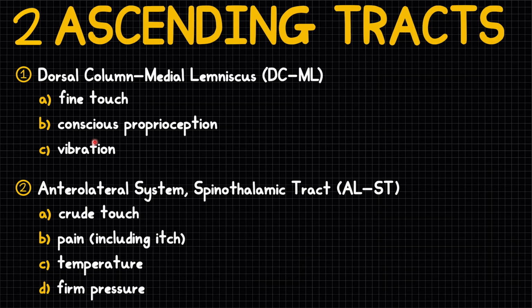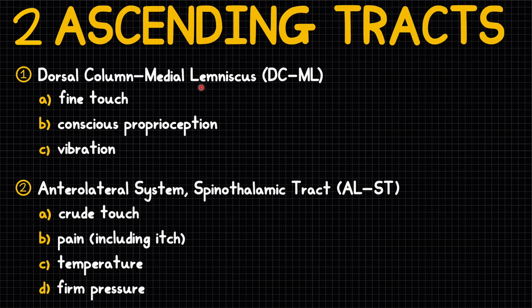Same thing with vibration. Vibrations are by definition quick pressure waves. Your DCML neurons need to be very fast at conducting their signals so that they can actually register every single vibrating beat. So the main message is that the DCML pathway, to mediate these 3 types of somatosensation, needs to have neurons that fire very fast.